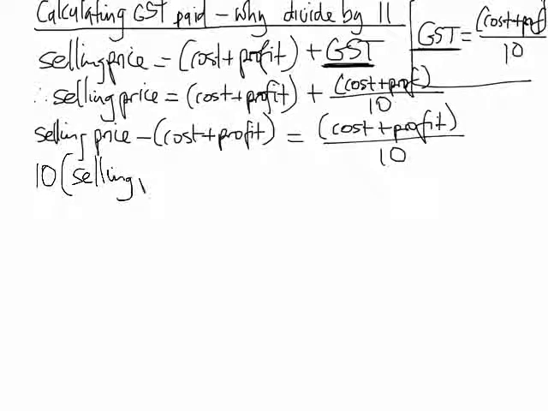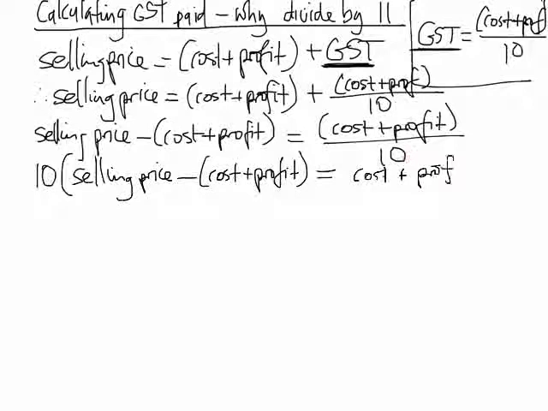So this side is really going to go into brackets and be multiplied by 10. Cost plus profit equals, and what did we get rid of? We got rid of this by timesing by 10. So you'll have cost plus profit left on this side. I'll leave the bracket there because visually it's helpful. I forgot a bracket there.